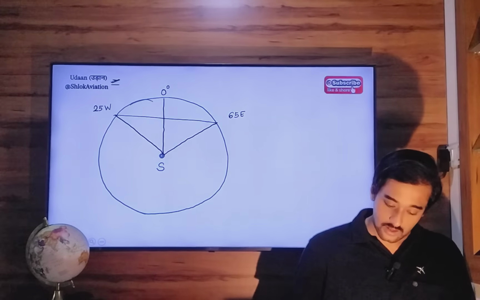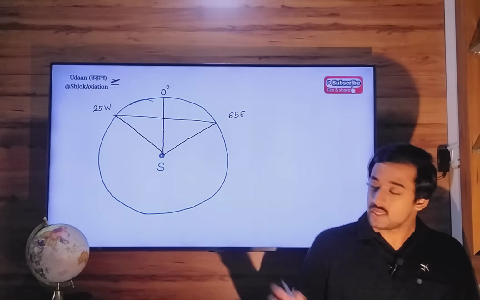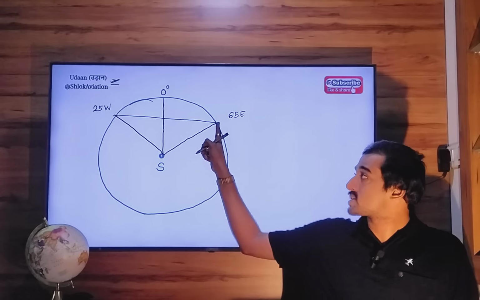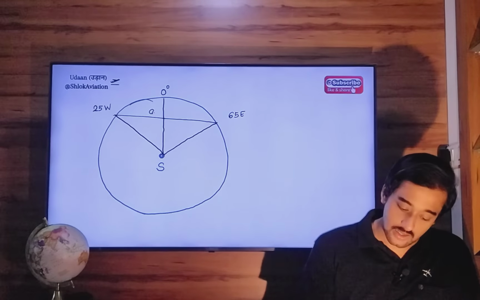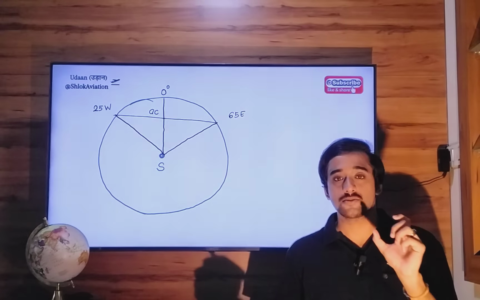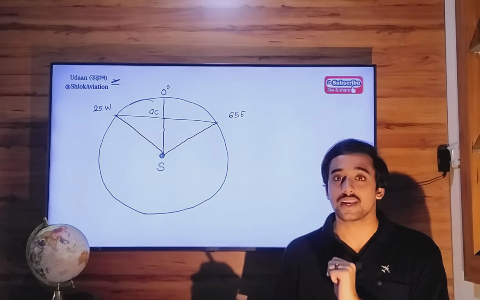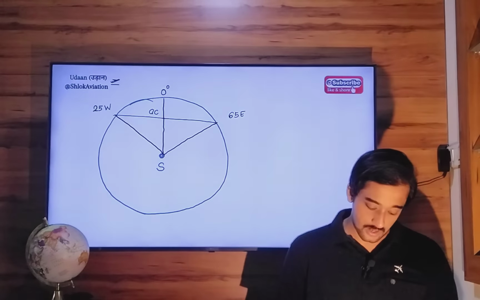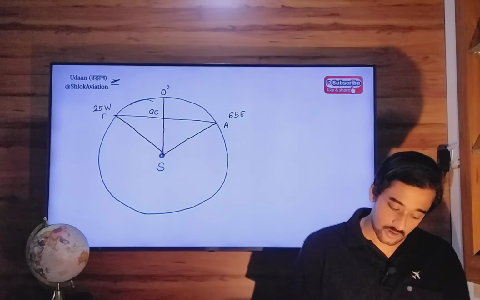This straight line joining 65 east and 25 west is your great circle. When you go to higher and higher latitudes, great circles start changing into straight lines. So this particular line will be regarded as a straight line, Alpha Bravo.